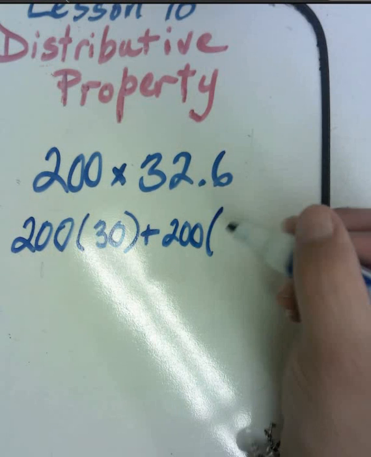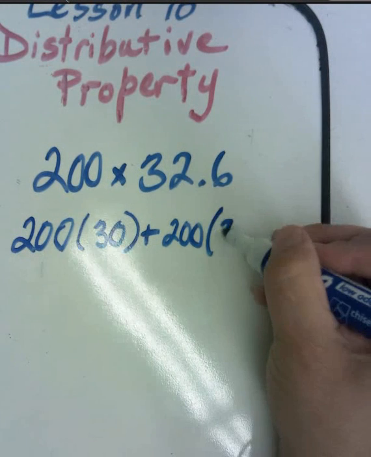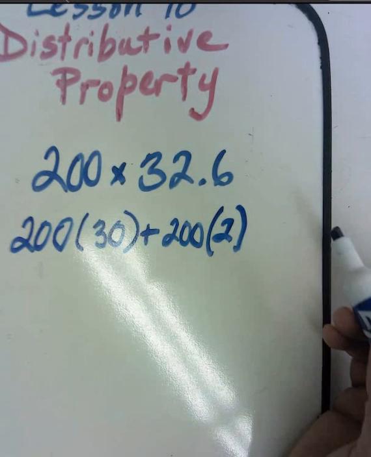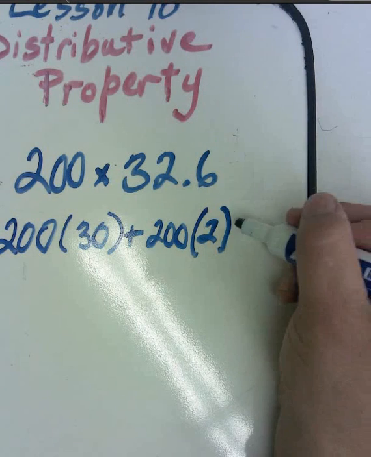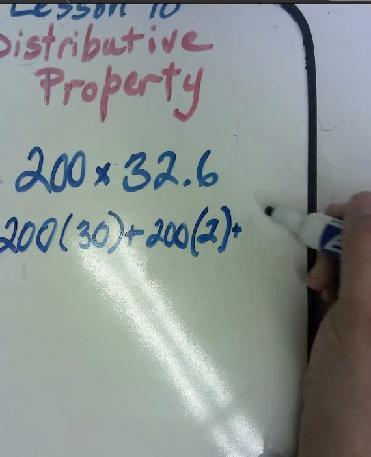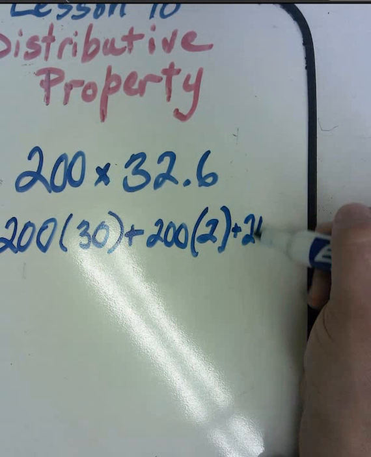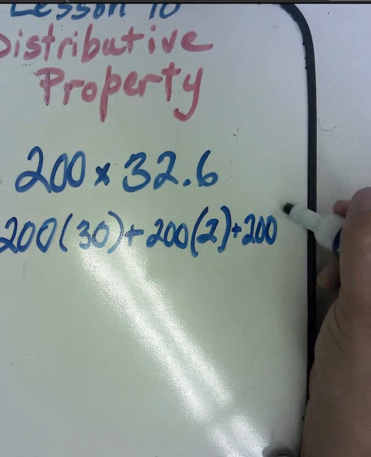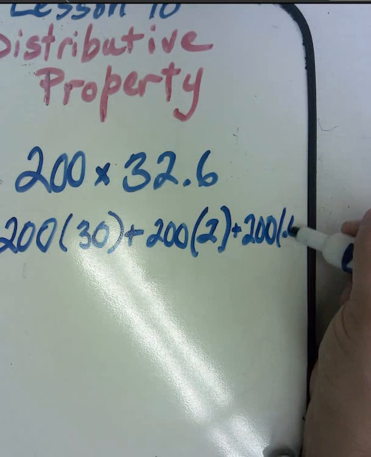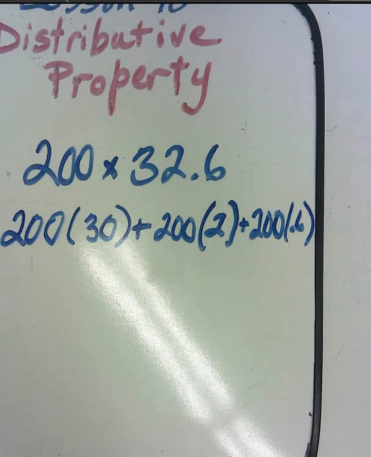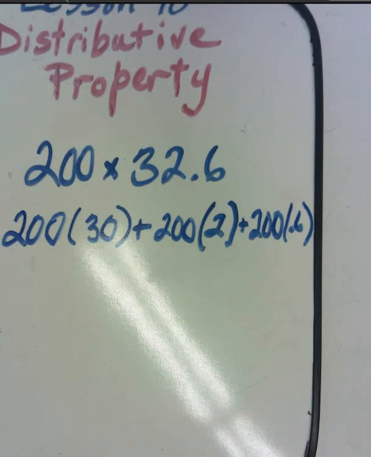The last part is, once again, 200 times 0.6 or 6/10. Okay, so what we're going to do is find what each piece of this equals and then add our products together at the end.